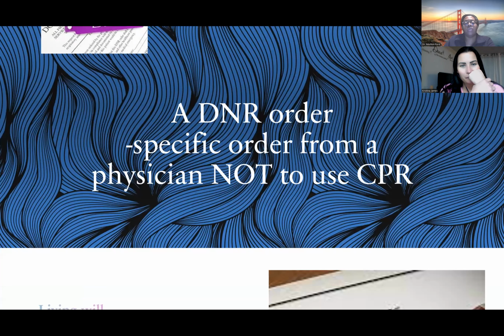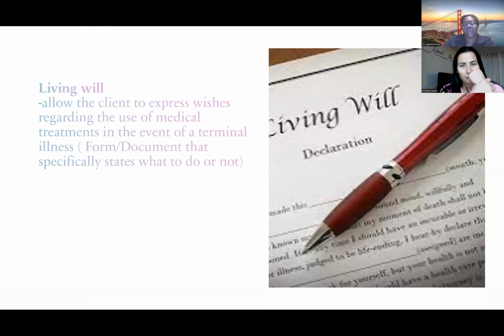Okay. So living will. Are you able to see my screen? Yes. Okay. I tried to add some visuals in to help the concept stick. So a living will allows the client to express their wishes regarding treatment, and it's in writing.